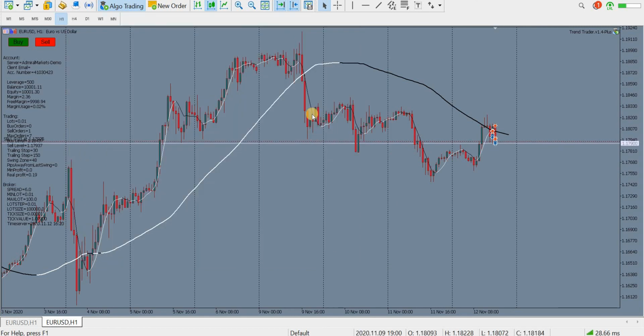The bad thing is if the trend changes, then the expert advisor will leave this order open and will trade with the new trend. So it will start opening buys, or opening one buy, as soon as we have a white trend line and the proper signal.